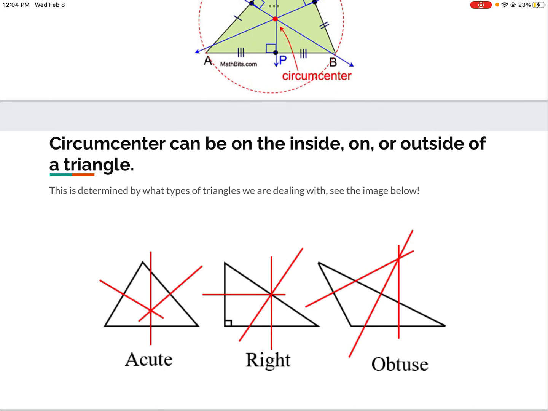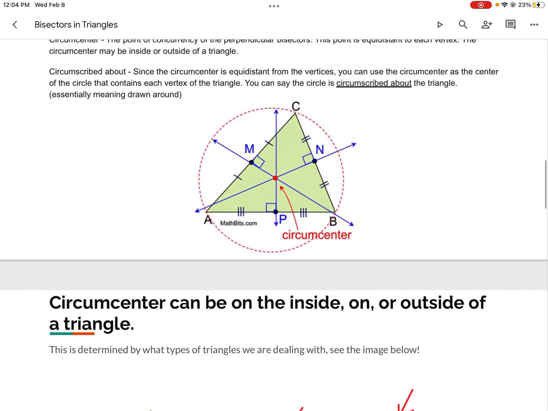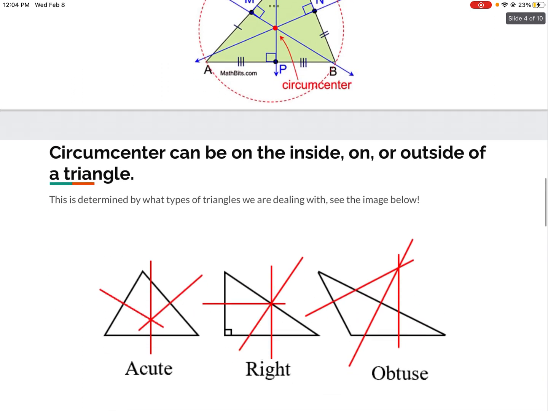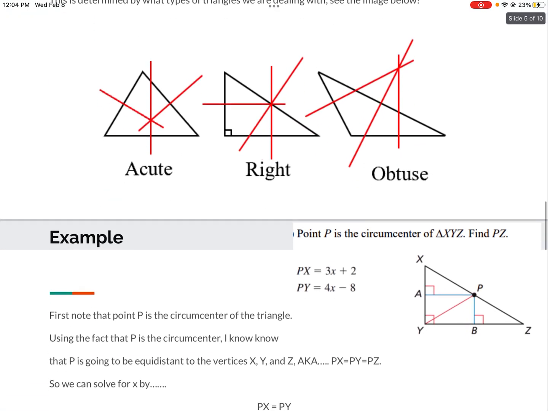If I have an obtuse triangle, it's going to appear on the outside. Note that these perpendicular bisectors go on forever in each direction. If we look back at this image, we have arrows on all the blue lines going up and down, left and right, so they keep on going. That's why it can appear on the outside, as it does in the obtuse triangle.